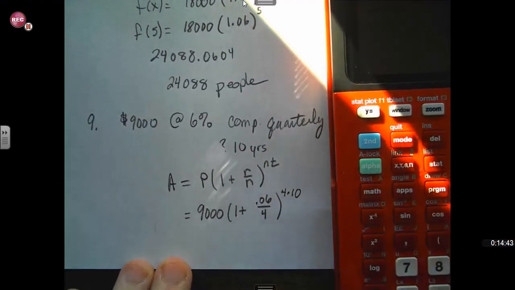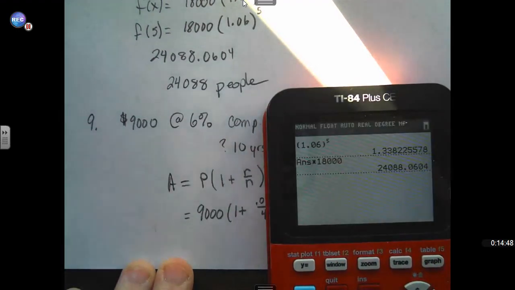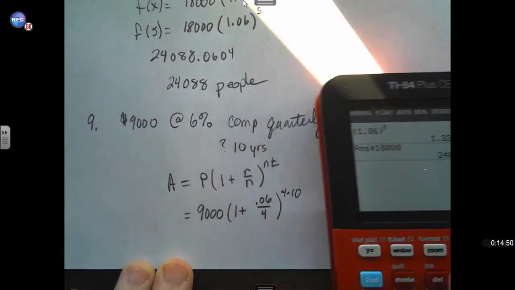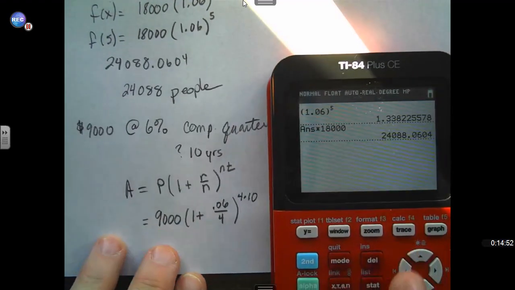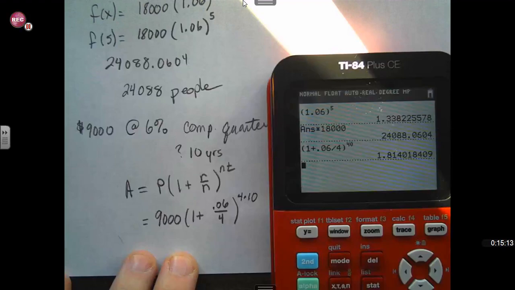And again, on your calculator, what I've shown most of you is to do parenthesis 1 plus 0.06 divided by 4, close that parenthesis, and raise it to the 40th power. Do that multiplication in your head, or do it ahead of time, but it needs to be to the 40th power, and then multiply by the principal.